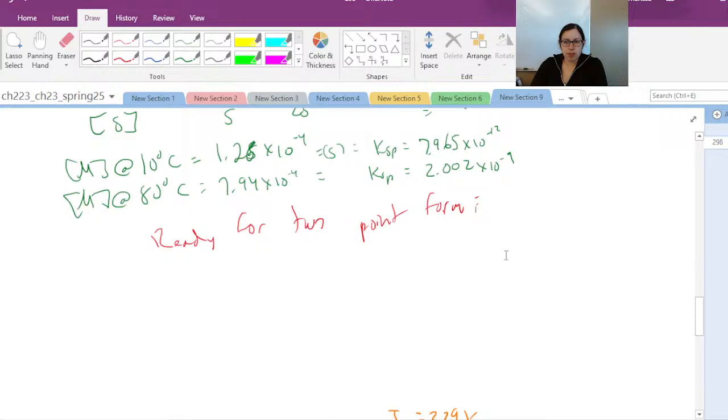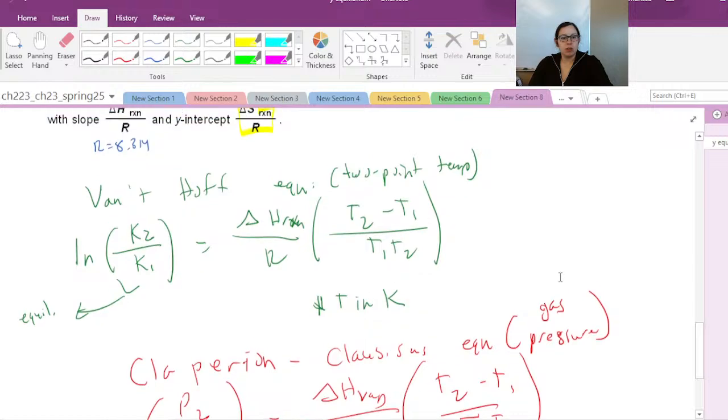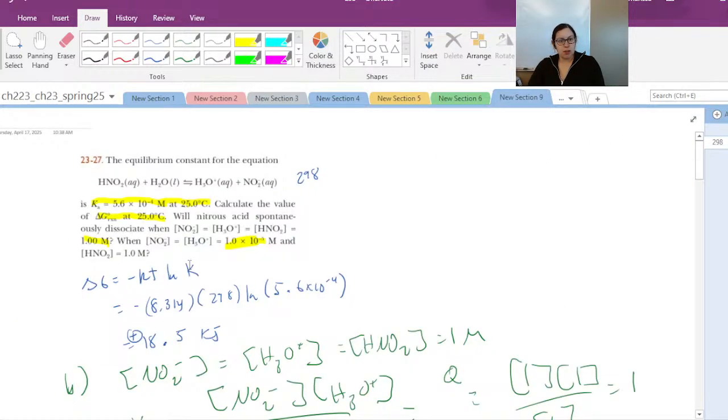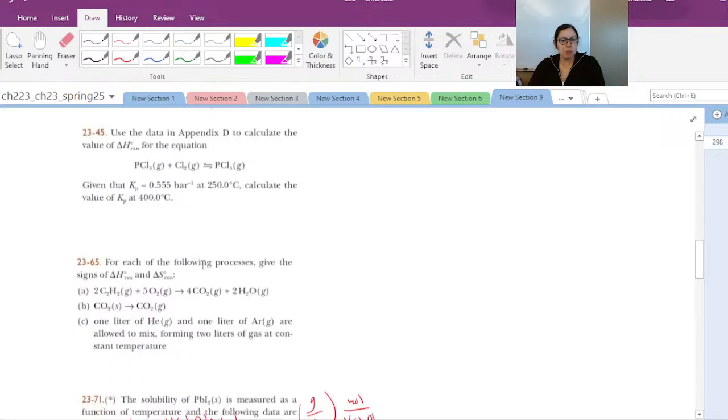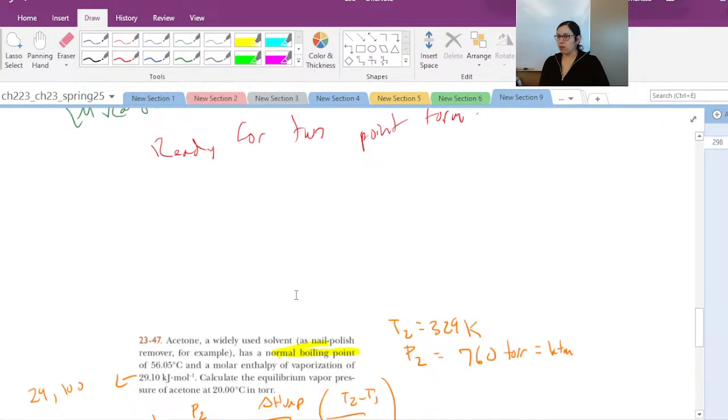And that's our equation that we kind of saw at the end. So going back to this one, our Van't Hoff equation, our 2-point temperature. So now we have our appropriate Ks. So we're ready. And you can see, again, why this is a starred problem. So lots of steps to it, but again, you're going to have to be doing parts of these steps.